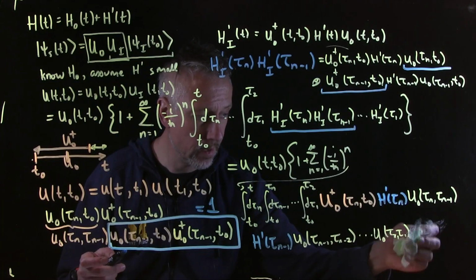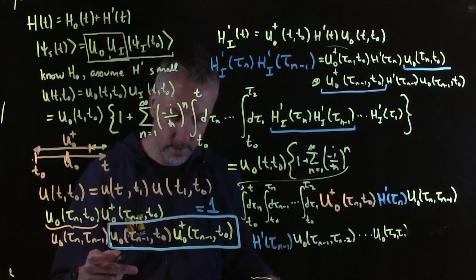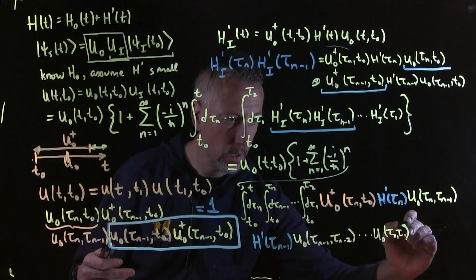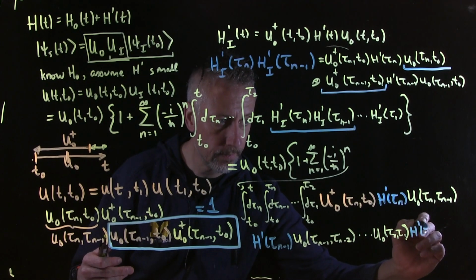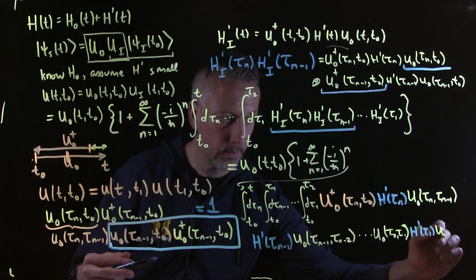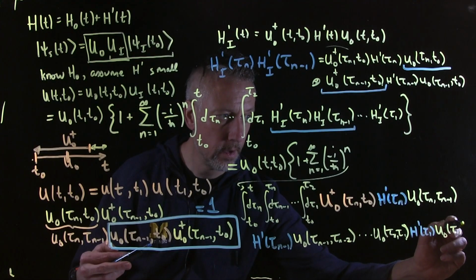In a minute, we're going to interpret this, and we're going to have a very simple way of thinking about it. That's why it makes my error more egregious, because I should know that. What's going on here? All right, and then the last one is tau 1, t naught.